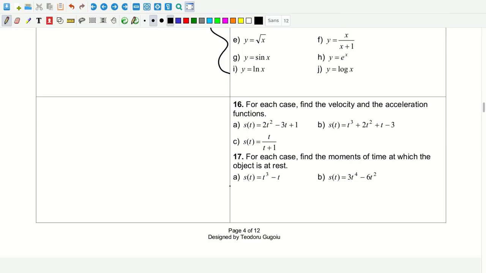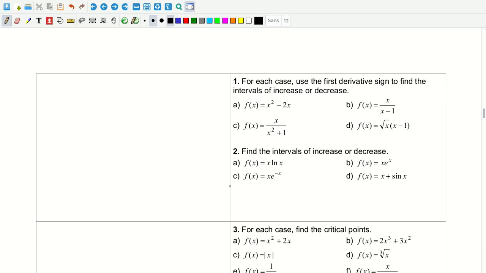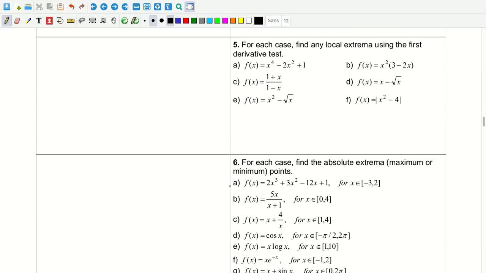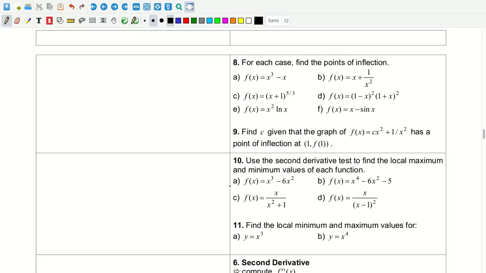Now we're going into concavity, critical values, derivative signs, derivative tests, local extrema, absolute extrema, intervals of concavity, and points of inflection. Points of inflection are when the second derivative is equal to 0.